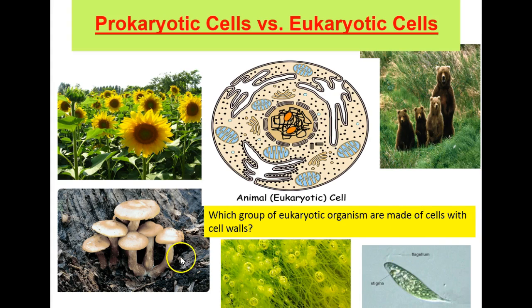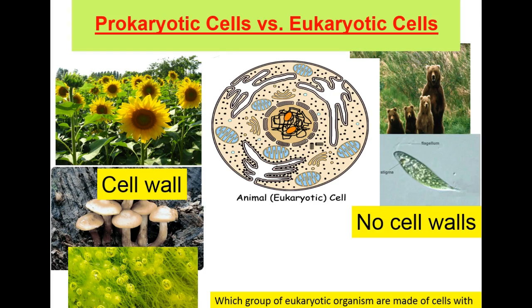Which of these groups of eukaryotic organisms have cells with a cell wall? Plants, fungi, and algae are eukaryotic cells that have a cell wall. On the other hand, animals and protozoans have cells without a cell wall.